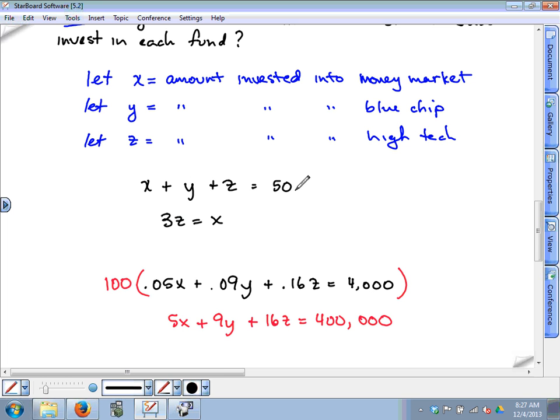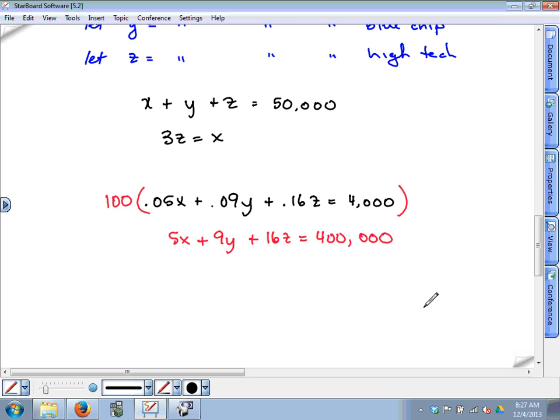It's 50,000. x plus y plus z is not 50, it's 50,000. So we still have to solve. We've got our 3 equations. Here's equation 1, here's equation 2, here's equation 3. How are we going to solve these?